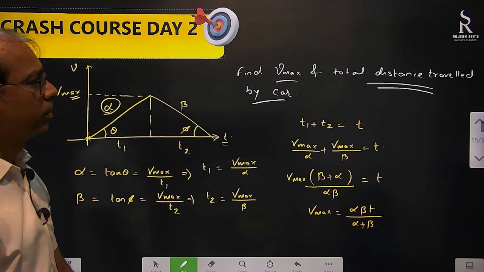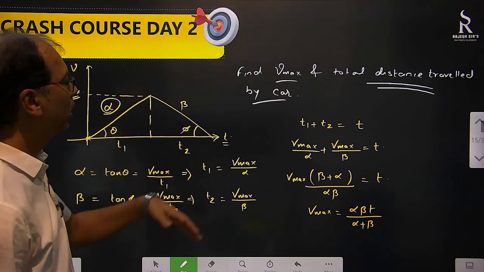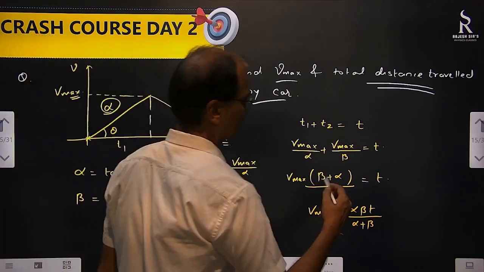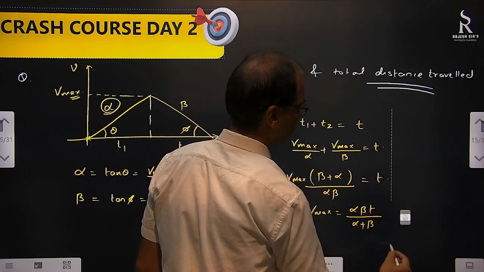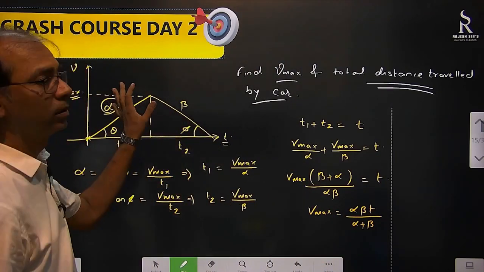We got V maximum. Now, area. Distance means area, and this is a triangle. Let's make a boundary here. Distance we are calculating. Distance is half base into height.